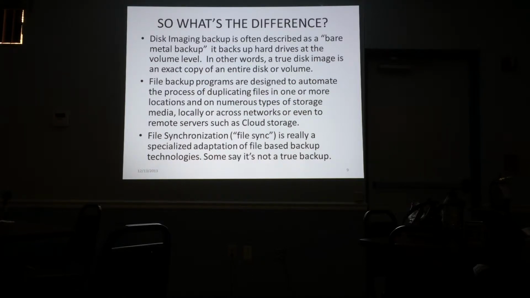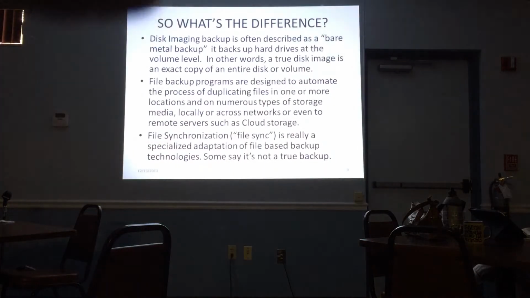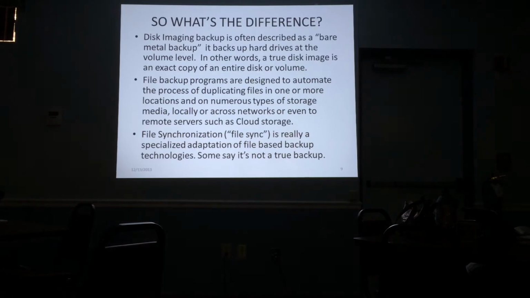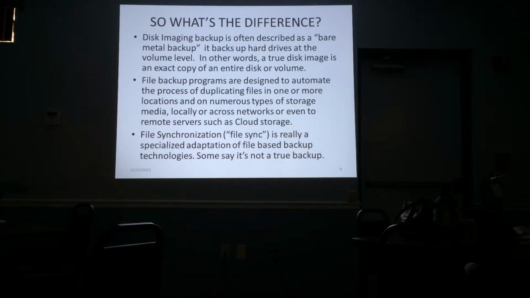So file synchronization, on the other hand, is really a specialized adaptation of the file backup technologies. Some say it's not a true backup because what file sync does is take the files at one place and make sure that place B has the same files. A and B are equal to each other.